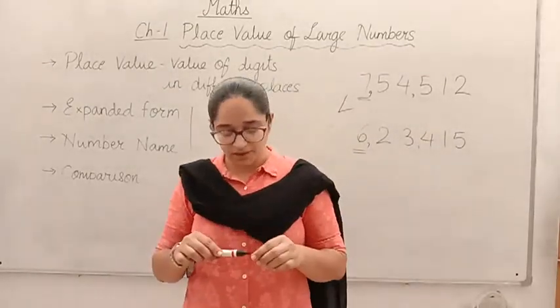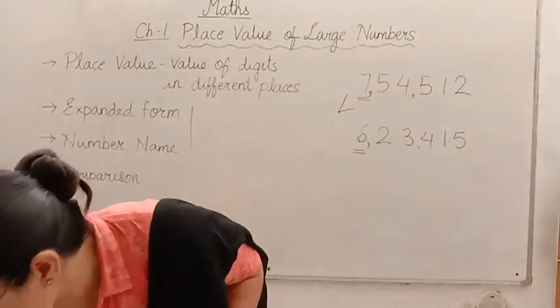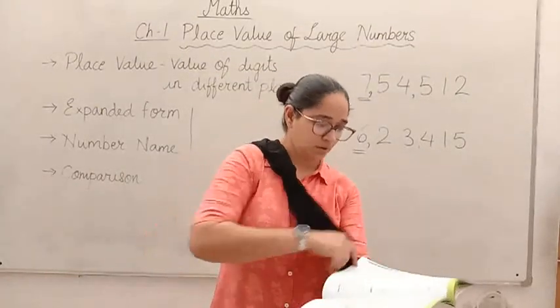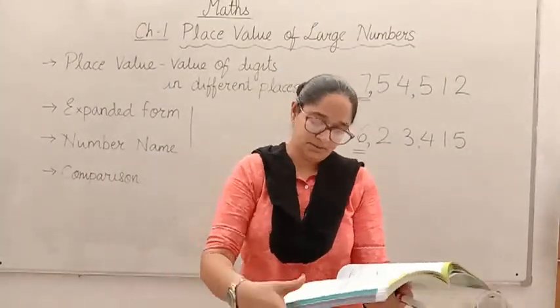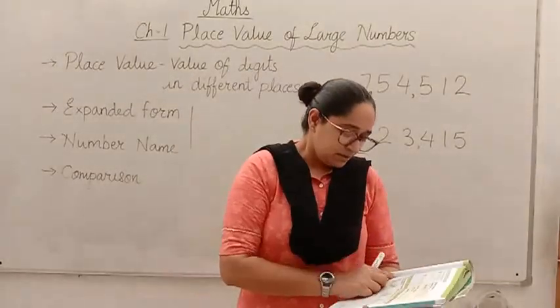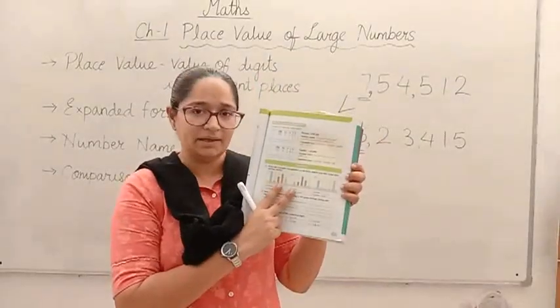So this is what we are doing in exercise 1. In exercise 1, that is on page number 61, here is an abacus given. This is called an abacus.